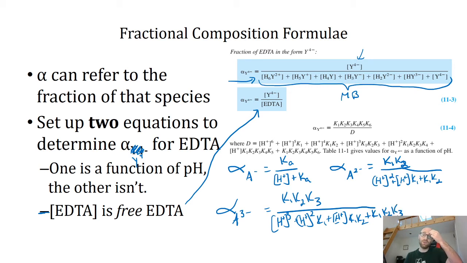Instead of solving for all of those Y species, which requires knowing all the K's anyway, you can use H plus and K values to write the fraction in the fully deprotonated form as the product of all of the K values divided by this denominator term, shown by the capital letter D, which is H plus to the sixth plus H plus to the fifth times K1 plus H plus to the fourth times K1, K2, and so on and so forth.